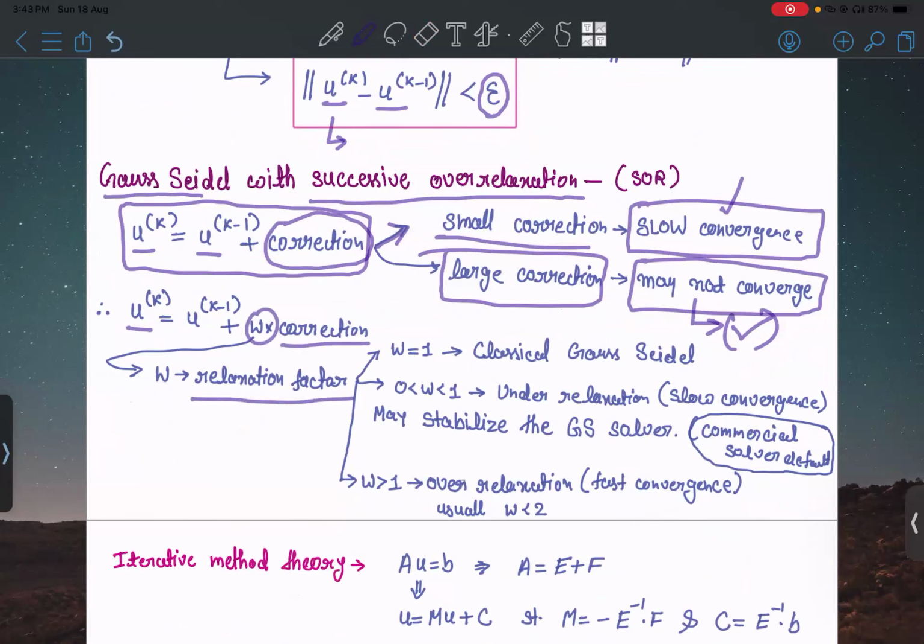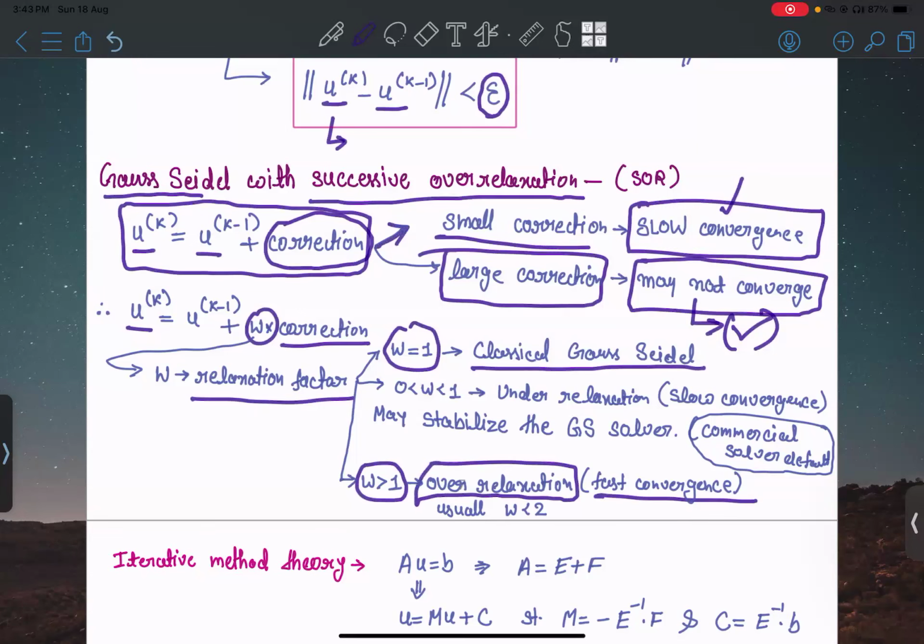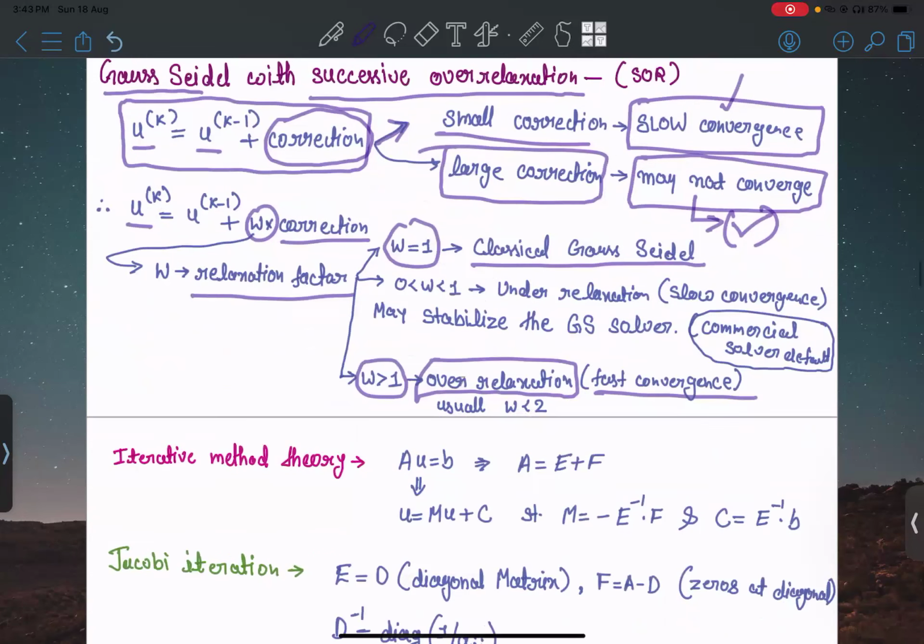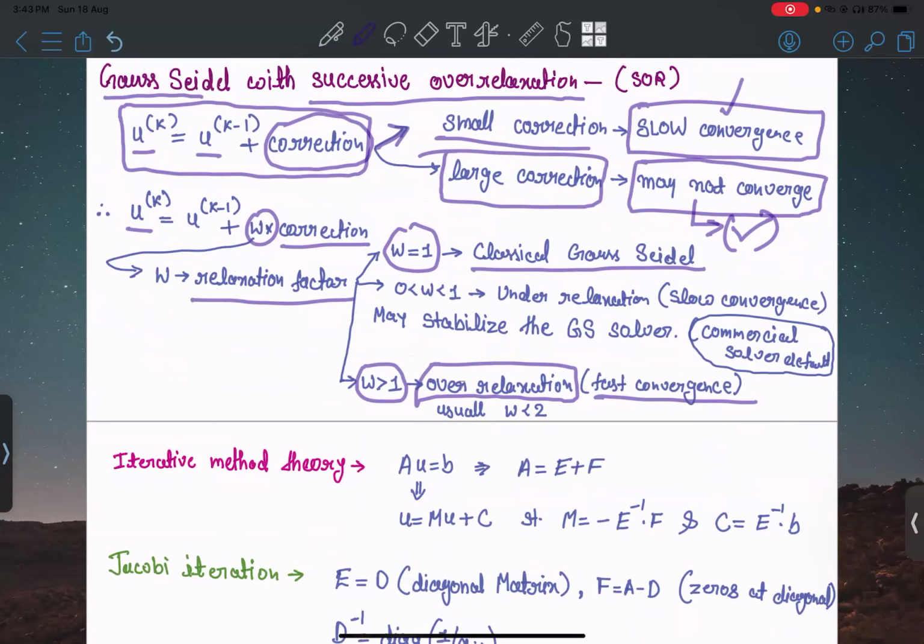This w is known as the relaxation factor. If this w is equal to 1, this will be the classical Gauss-Seidel method. But if this w is greater than 1, then this is known as over relaxation. This over relaxation will lead to fast convergence. But as we said, if this correction is very high, the solution may not converge.